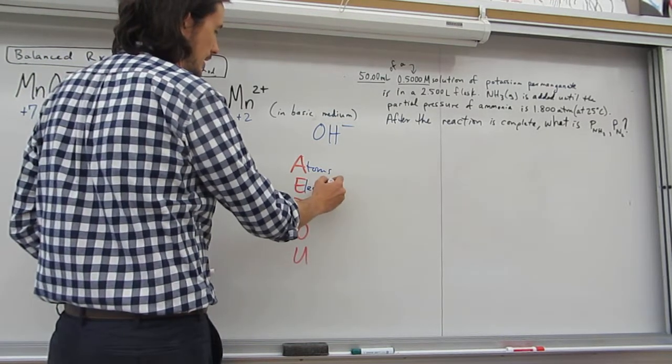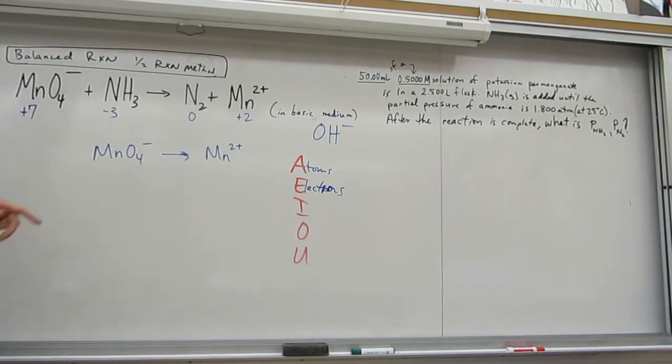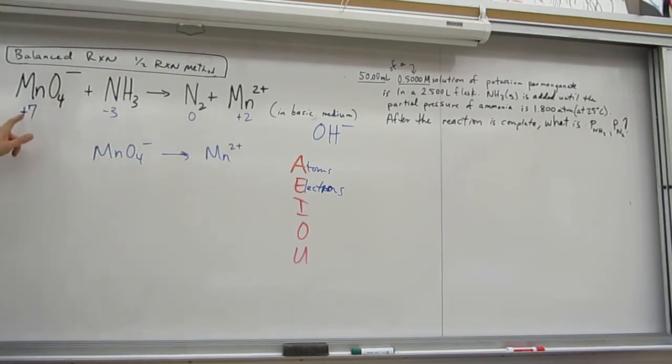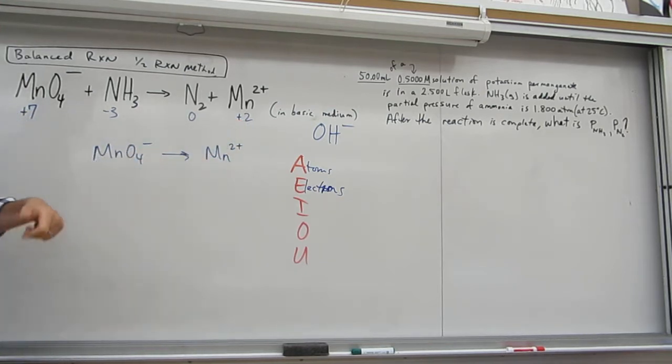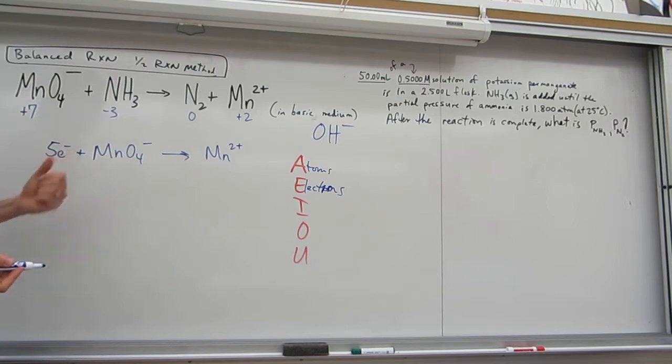Next is electrons. This is where we see the charge, and we make sure that this charge is accounted for. So we've got +7 going to +2. That means we need to add 5 electrons on the reactant side, and that makes this a reduction.